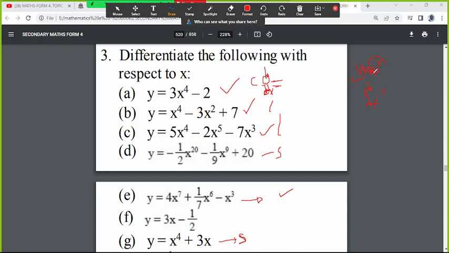If this was a x power n, it will be n times a, x, reducing the power by 1, n minus 1. That's the process of differentiation. So Christine, what is dy dx? Dy over dx is equal to what?